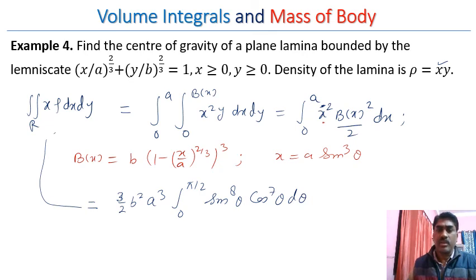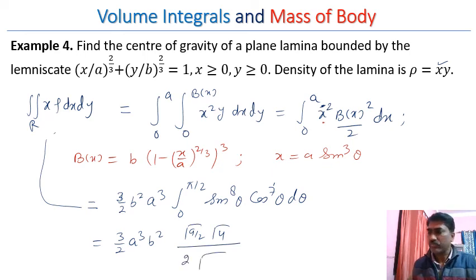In the previous part we obtained a square, here it is a cube due to this x square. As per our formula for this integral, we will get 3 by 2 a cube b square, then gamma 9 by 2 gamma 8 by 2, that is gamma 4, divided by 2 gamma 17 by 2.